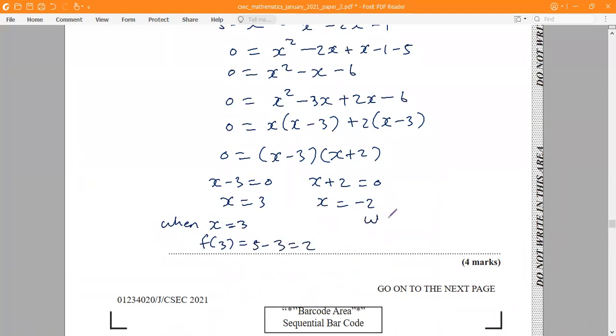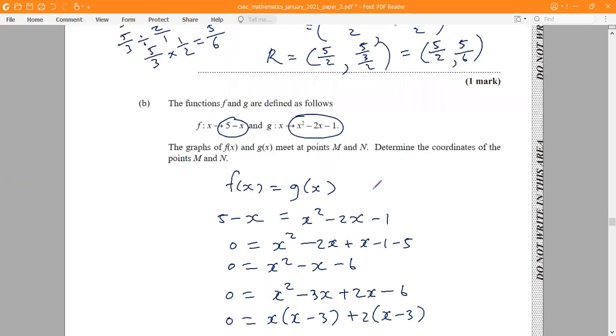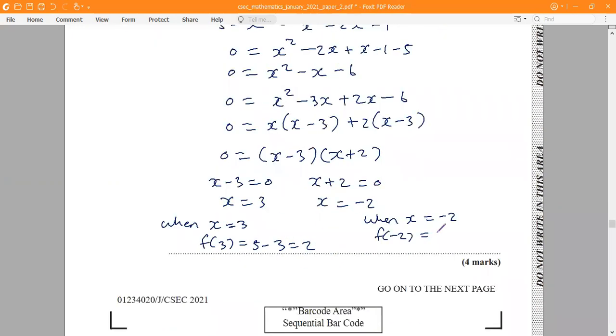And when x is equal to negative 2, f of negative 2 is equal to 5 minus x again, which is 5 subtract negative 2, which is 5 plus 2, because a minus negative gives a plus, and that's 7.